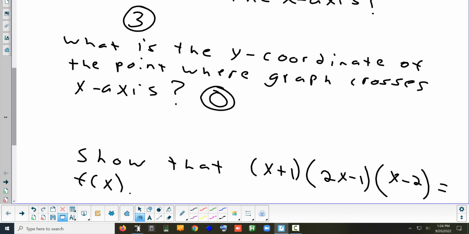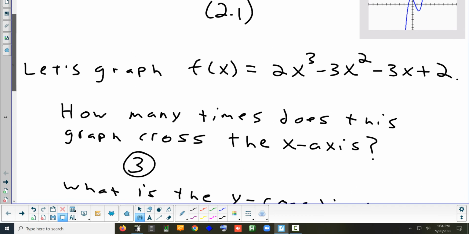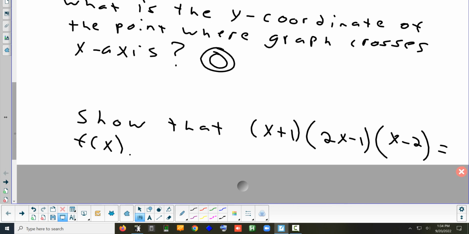So I took the problem that we had up above. 2x cubed minus 3x squared minus 3x plus 2. And I did this to it. I wrote it as 3 sets of parentheses. Does anybody remember what you call it when you write something with sets of parentheses like that?